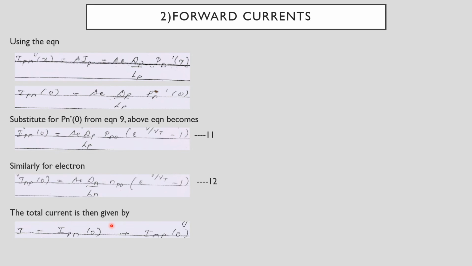The total current is then given by I is equal to Ipn of 0 plus Inp of 0. So we'll substitute both of them here. e raised to V by Vt minus 1 is taken common and Ae also is taken common. So in the bracket you have Dp by Lp into Pn0 plus Dn by Ln into Np0.